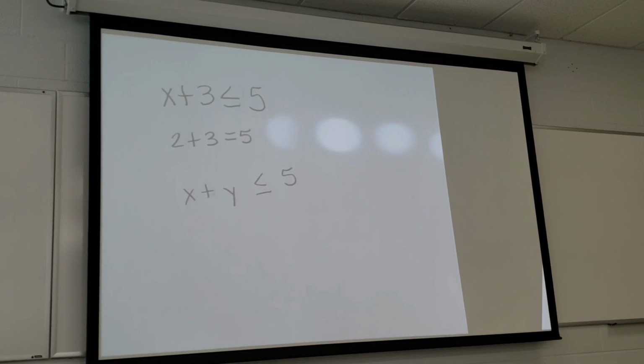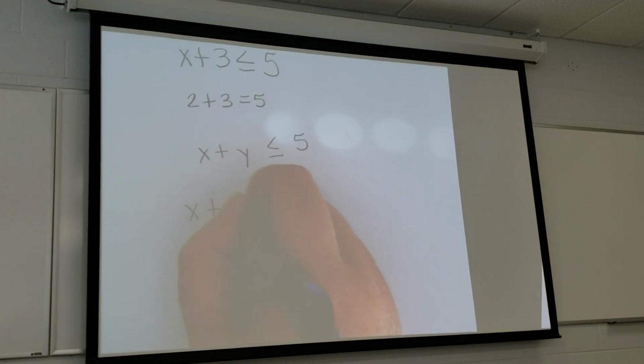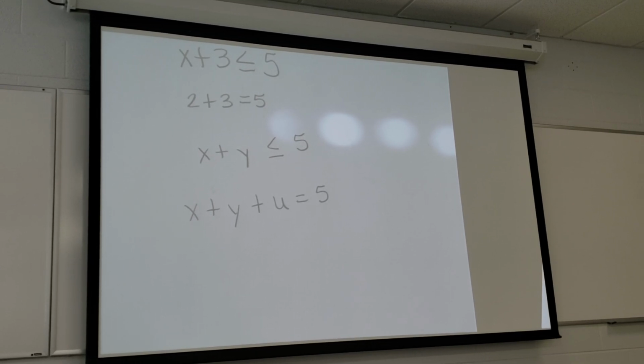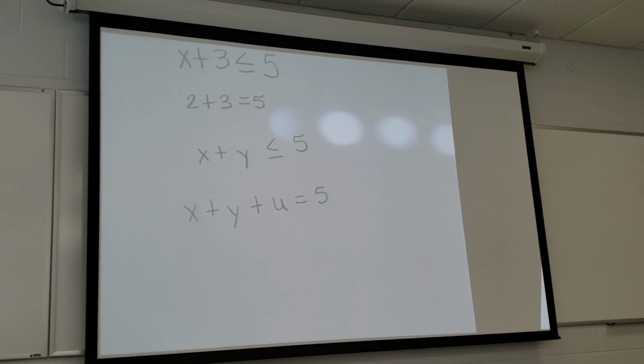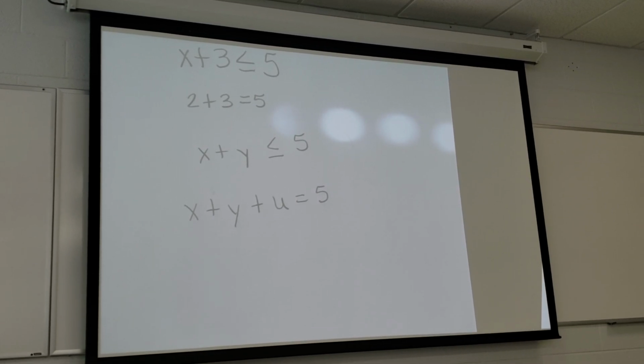To rewrite an inequality like an equation, you say x plus y plus u is equal to 5. So if x is 1, y is 2, u would be 2, and I have an equation. If x is 3, y is 1, u is 1, and I have an equation. I don't know what these numbers are, so I get this slack variable called u to make this into an equation, and I can solve it.